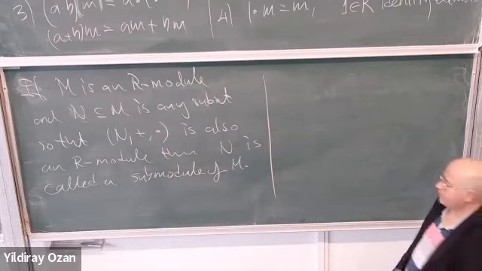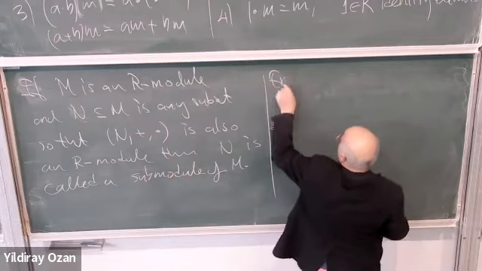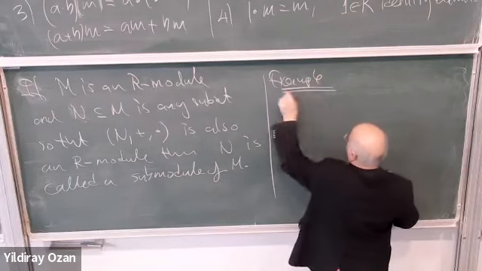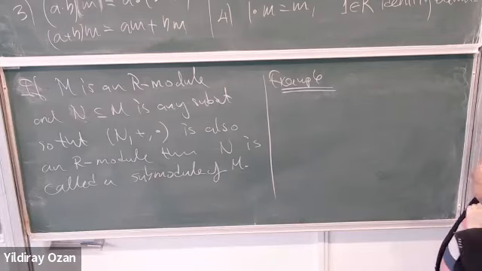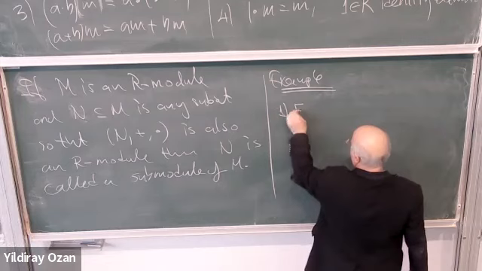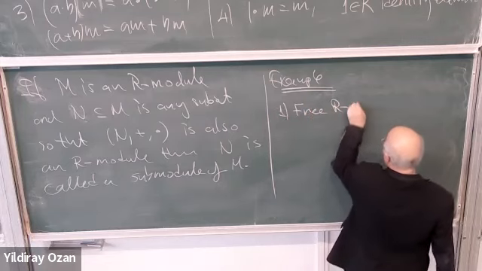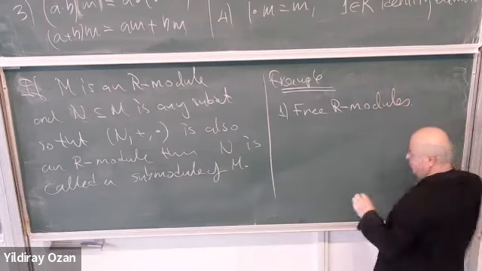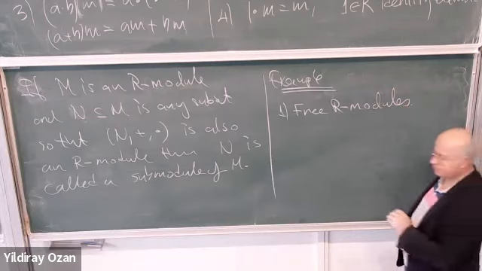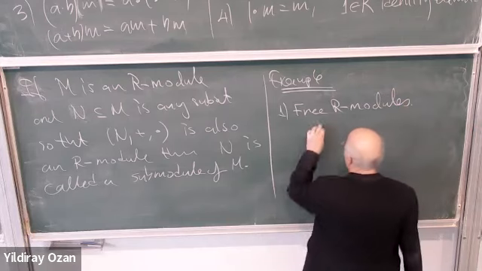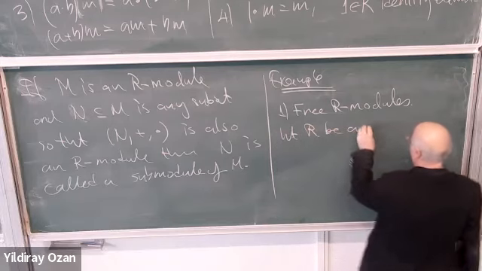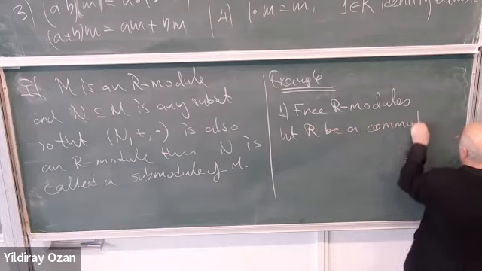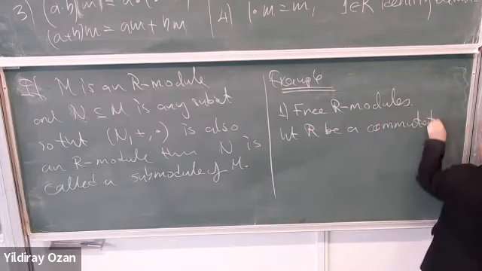Örnek mi? Tamam, yapacaktık zaten. Mesela modül örneği olarak ilk önce free modülden bahsedeyim. Free R modül, vektör uzayları gibi. Okay. So let R be a commutative ring with unity.